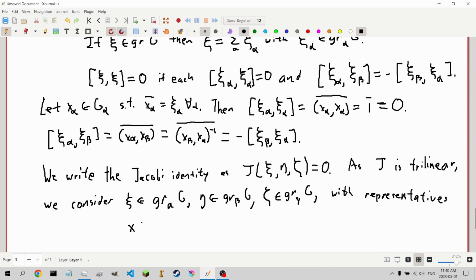I'll write them directly below: x in g alpha, y in g beta, and z in g gamma.